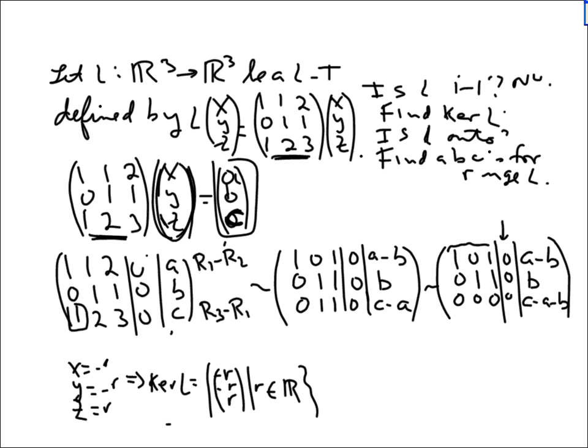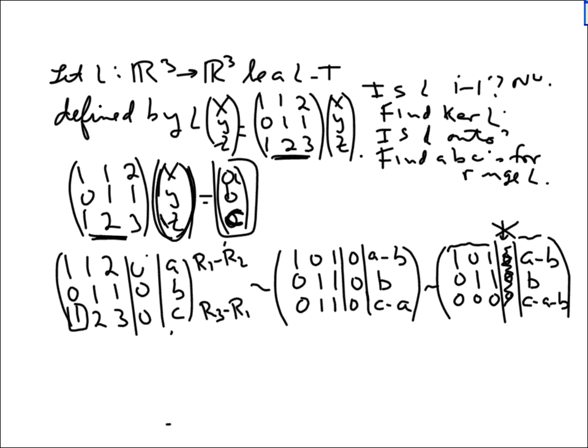Okay? Now, notice we ignored the last one. Now we're going to ignore this row of zeros. So now I have a constraint here. That last row says 0x plus 0y plus 0z is equal to c minus a minus b.